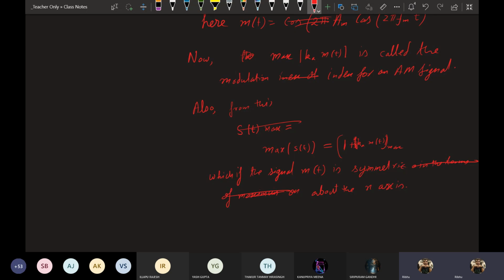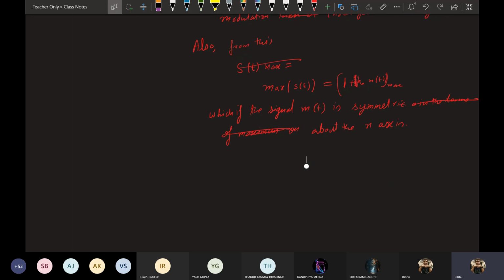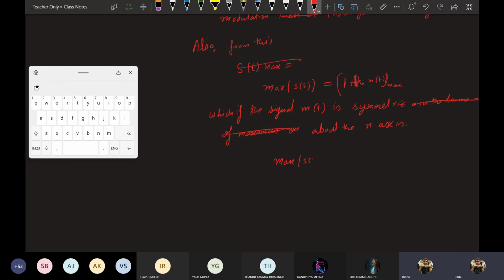So if its maximum and minimum value have the same magnitude, then max of S(t) equals 1 plus the modulation index.